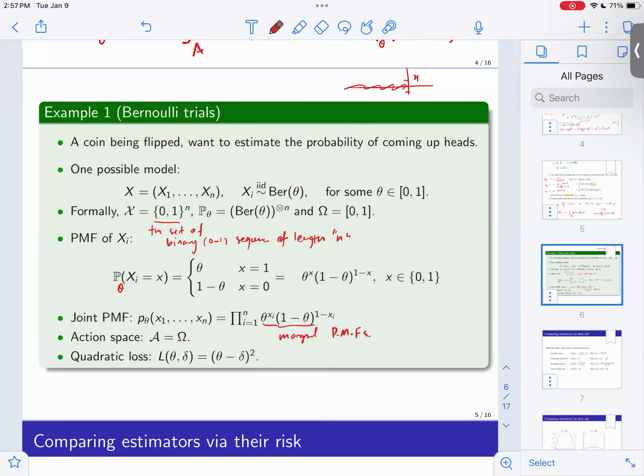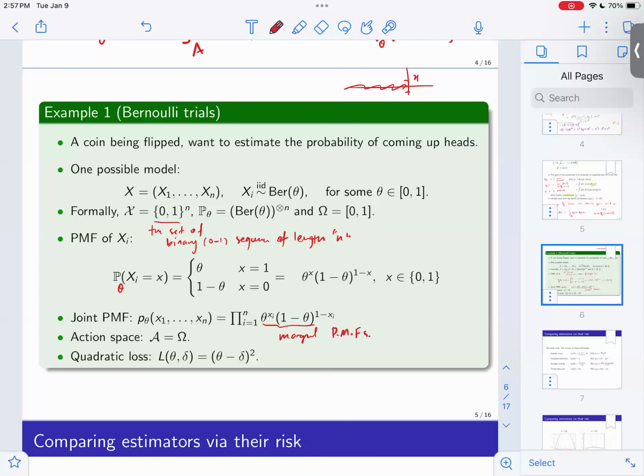That's how we have specified this one. So this is the probability measure, this is the PMF. That's easy to work with. I don't have to worry about the measure anymore. Okay, so that's the specification of the probability family.